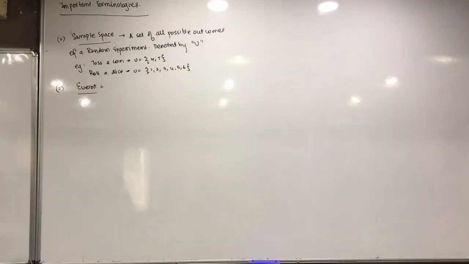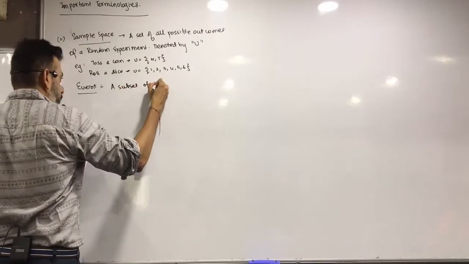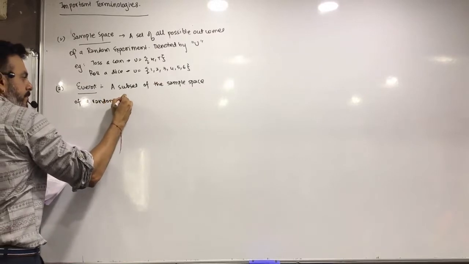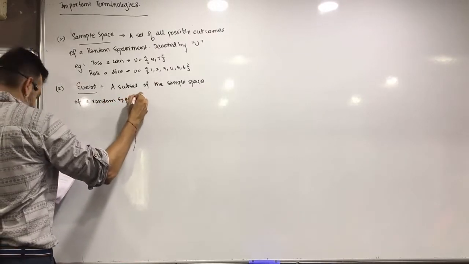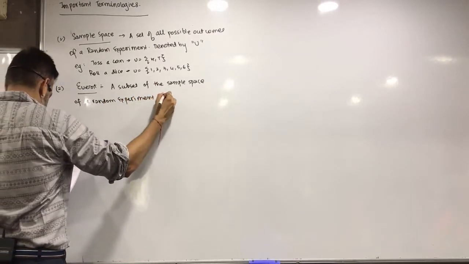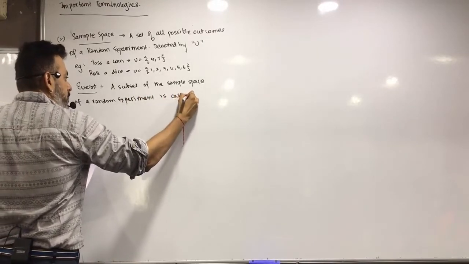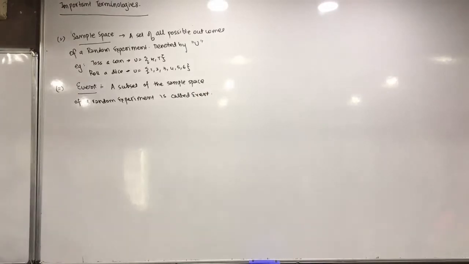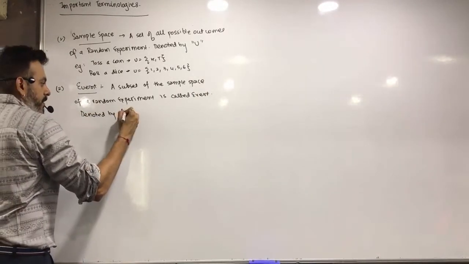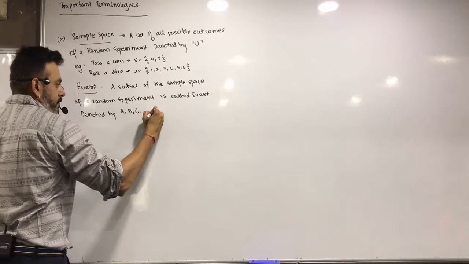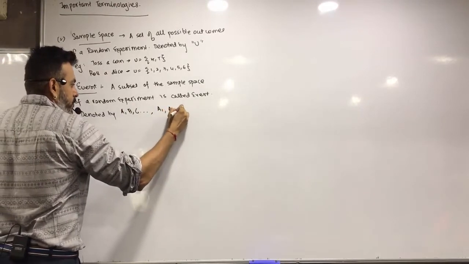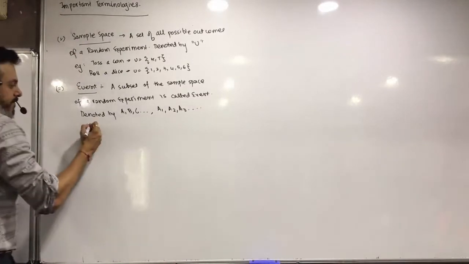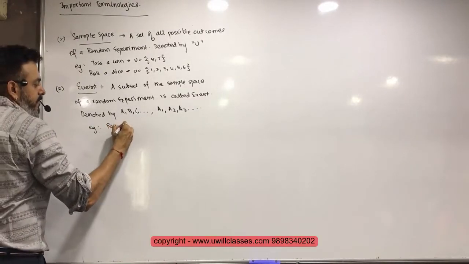Event: a subset of the sample space of a random experiment. It's called event, denoted by capital A, B, C, or A1, A2, A3, and so on. Say for example, roll a dice.